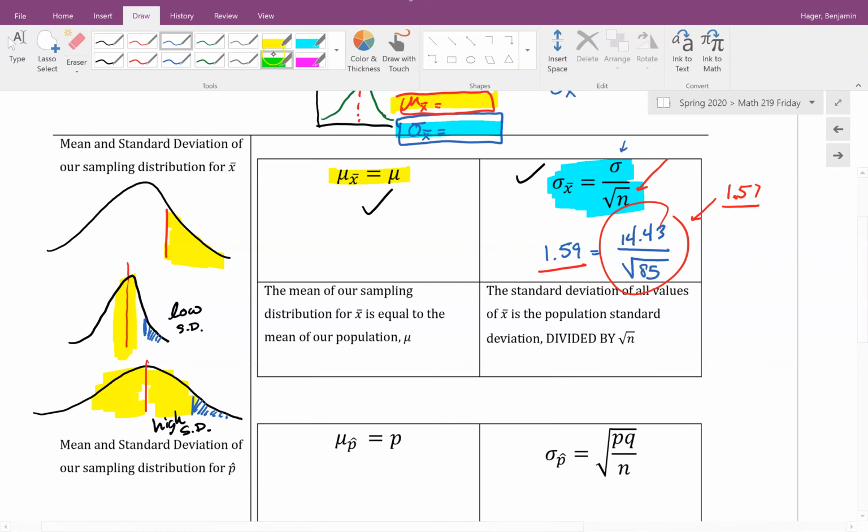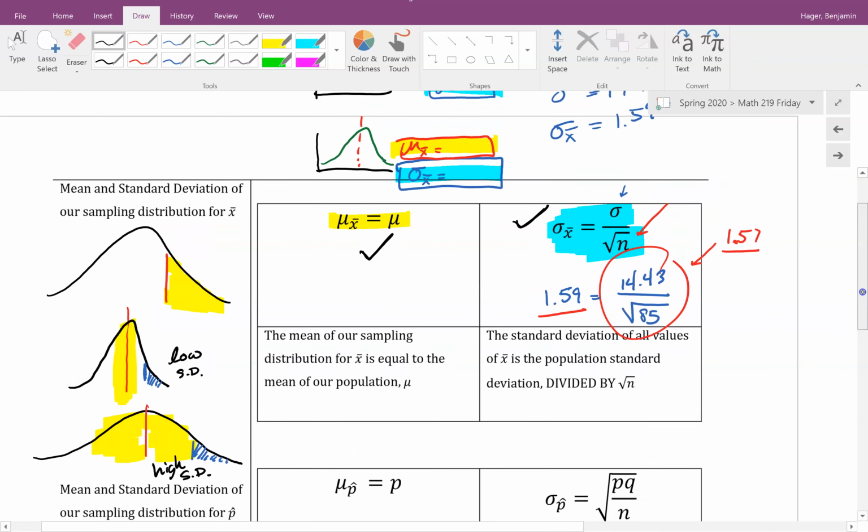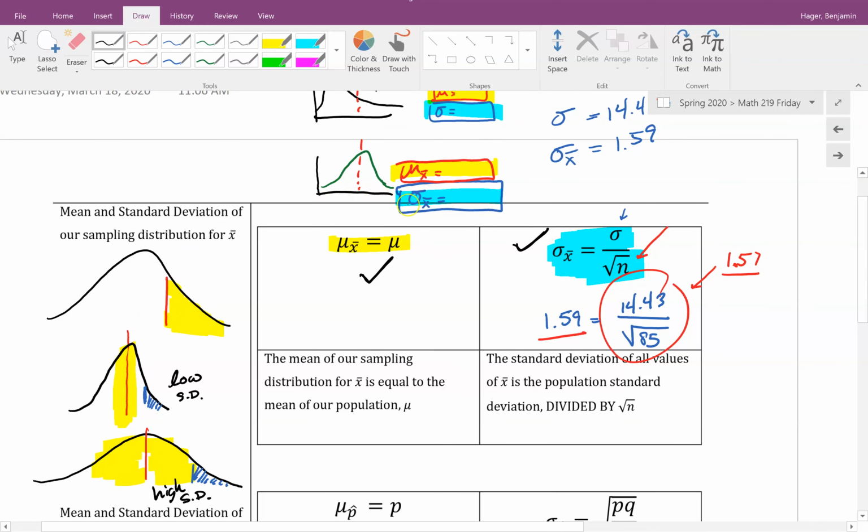So it is very important that we know these numbers. If I want to study the distribution of sample means and calculate some probability here, I have to know the general shape of that bell-shaped curve. Mainly, I need to know where the middle is and how spread out the data is.